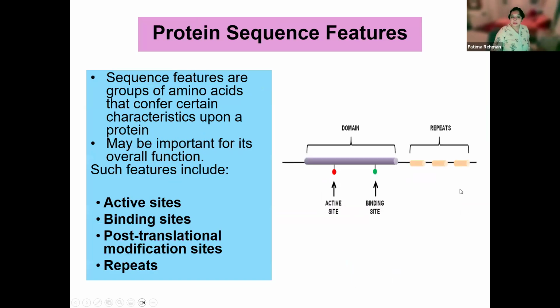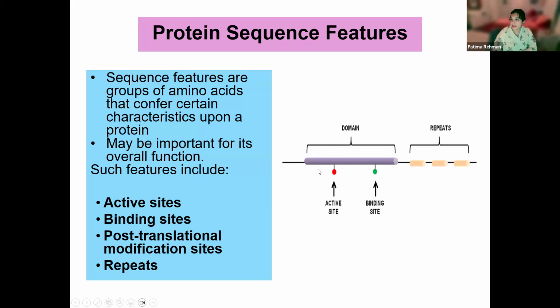Now, protein sequence, again, here you see there's a domain, it has some sites. So the protein sequence within this domain is going to now allow it to have certain functional properties. These are going to be regulated through what we call active sites, binding sites.